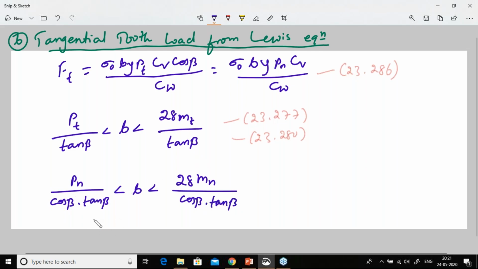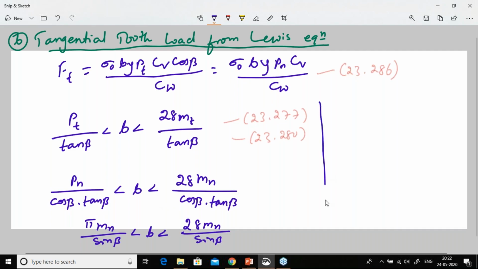After modification, we will get pi Mn divided by sin beta less than B less than 28 Mn divided by sin beta. Within this range, we can assume the B and substitute in this equation.